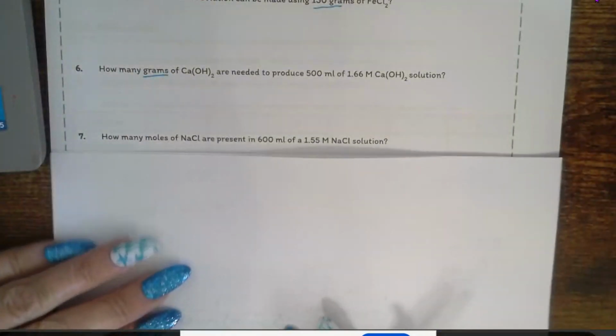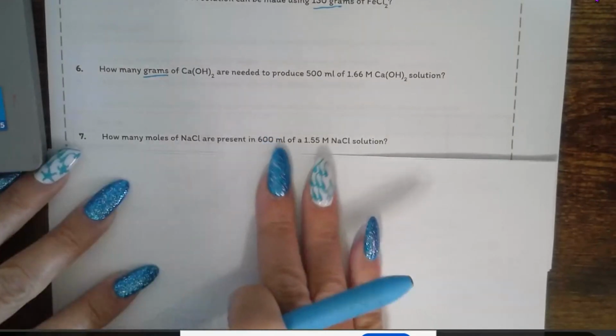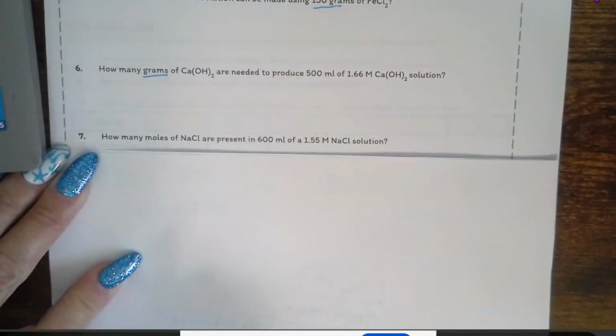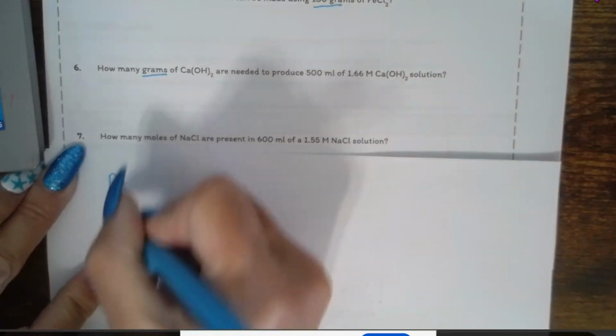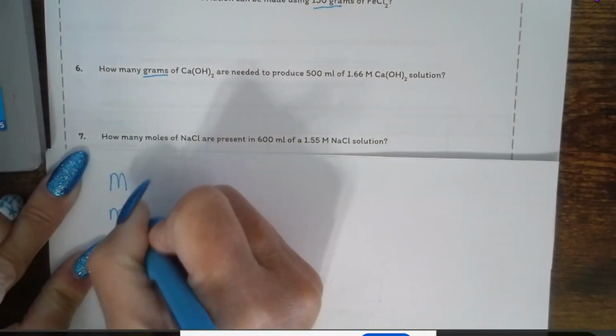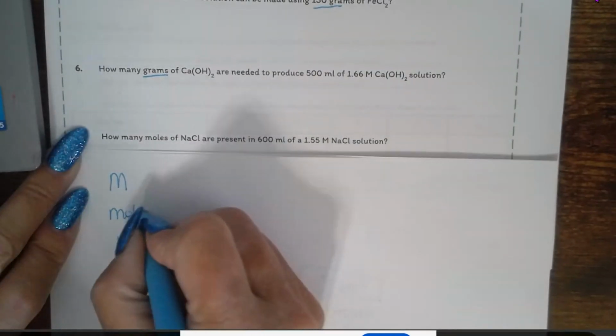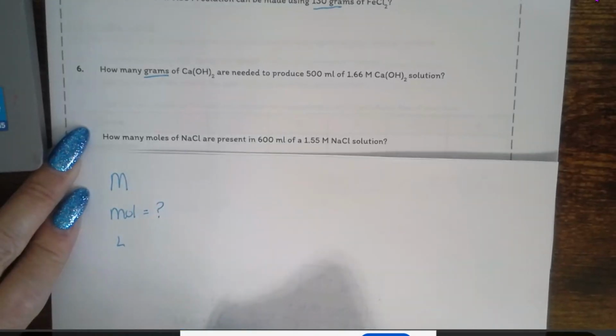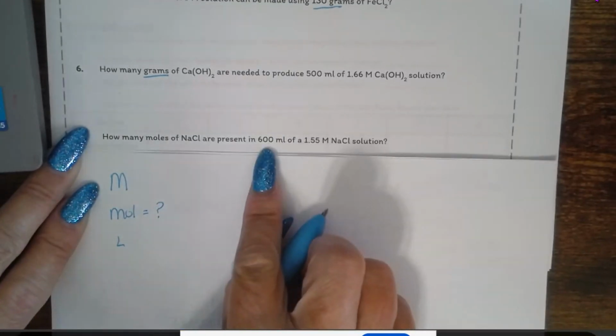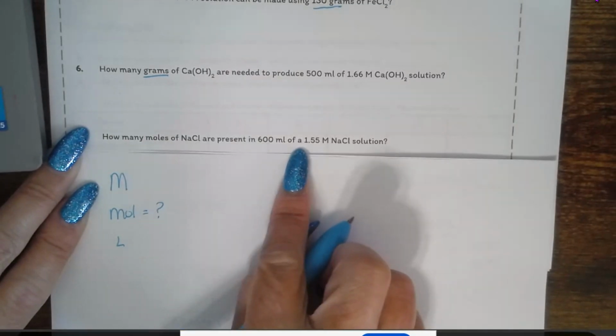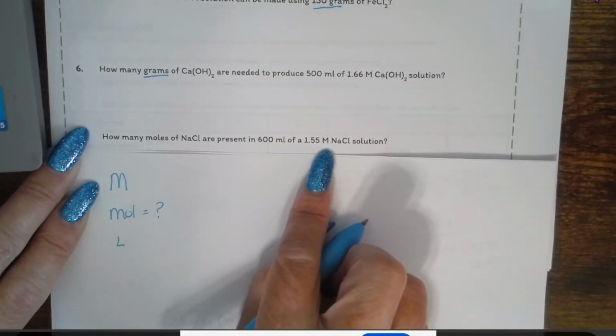All right, so number 7. Let me do my setup. I need molarity, moles, and liters. It's asking us to figure out how many moles of sodium chloride are present in 600 milliliters of a 1.55 molar NaCl solution.